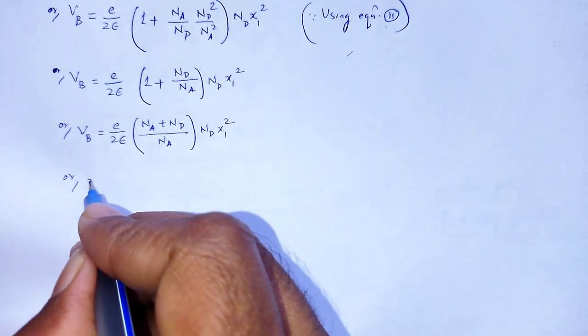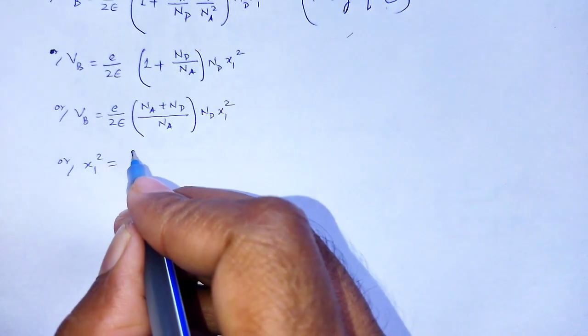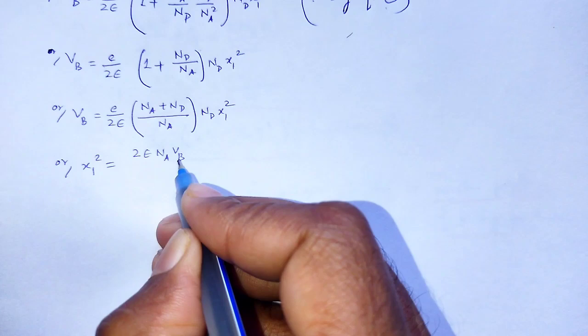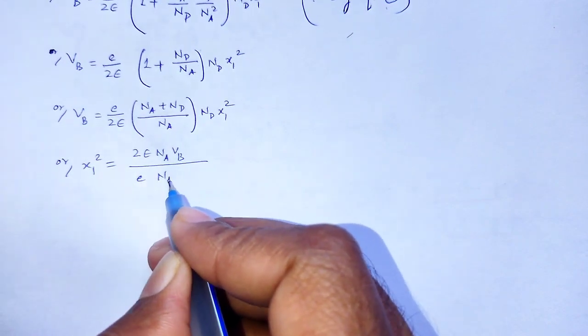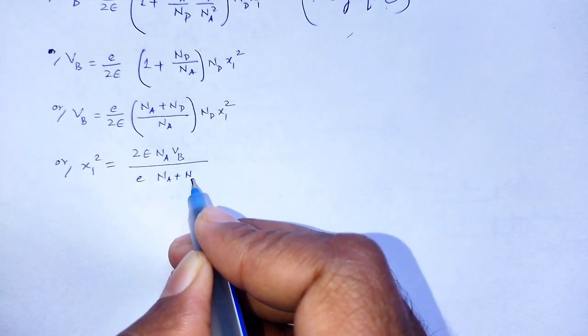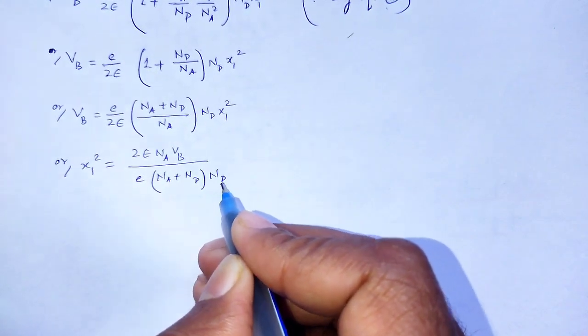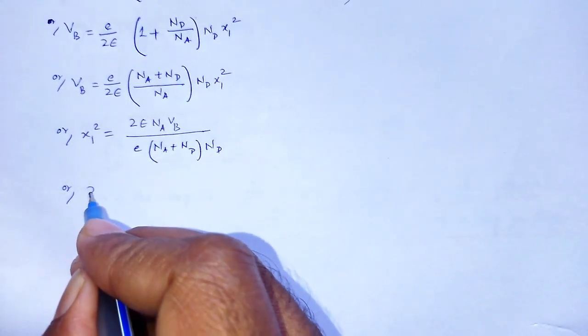So, x1 square will be 2 epsilon Na Vb divided by E whole into Na plus Nd whole into Nd. From this x1 can be calculated.